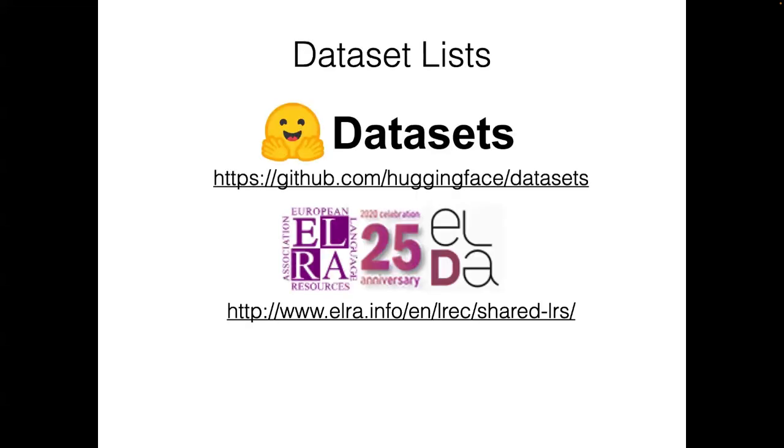Okay, and then we've gone over these different data set lists. I showed you a few times this Hugging Face site that has different data sets. This is another one, LREC, which might be like the European Language Resources Association.